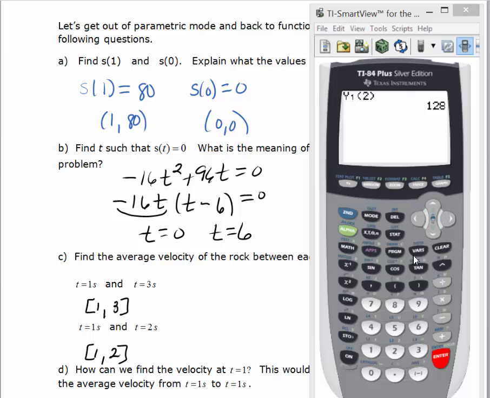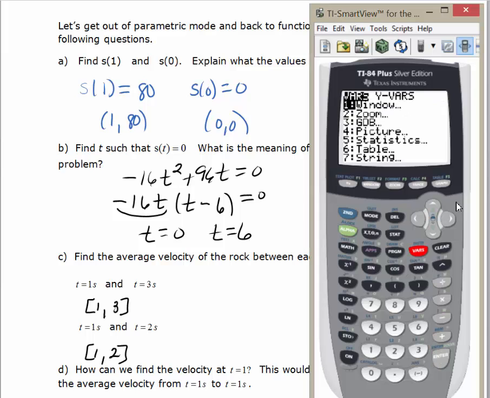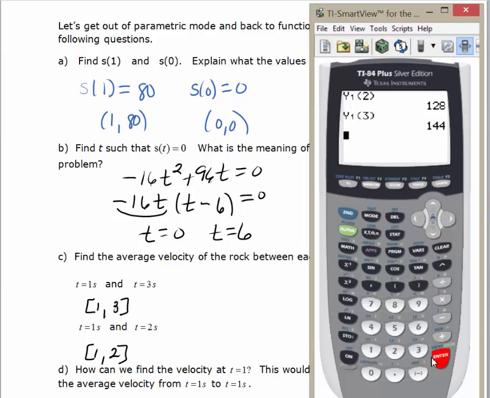Now we'll repeat those steps to evaluate the function for 3. So we go to vars, arrow over to y vars, hit enter, enter again, open parentheses 3, close parentheses, hit enter. So we have our two ordered pairs of the values that we need. And just to show you another way, once you've already hit y, you've got y1 of 3, you don't have to use the vars key again to get another value.